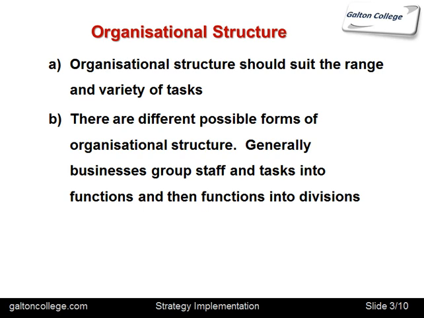So, depending on these, sometimes businesses group staff into functions. So one group of staff will do the finance for the business, one group will do the marketing for the business, one group will do research and development, one group will do production, and one group will do distribution, and so on. So we have staff organized into functions, and then these functions may be organized into divisions.